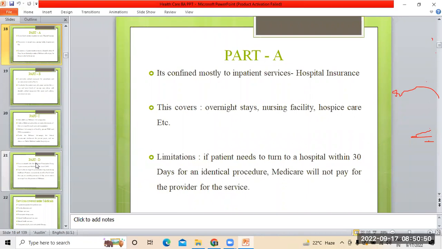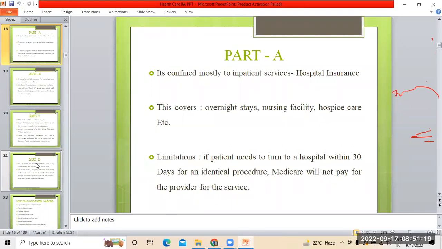It covers night stays at the hospital, followed by nursing facilities and hospice care. All these things come under Part A. But there is a condition that applies in reference to the stay, the hospitalization.